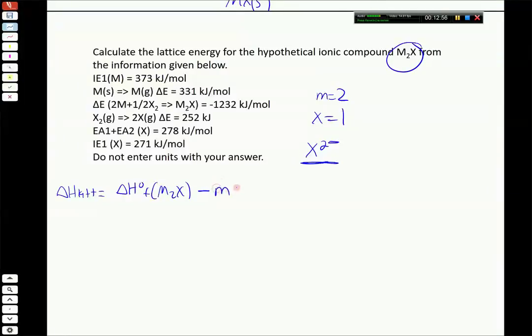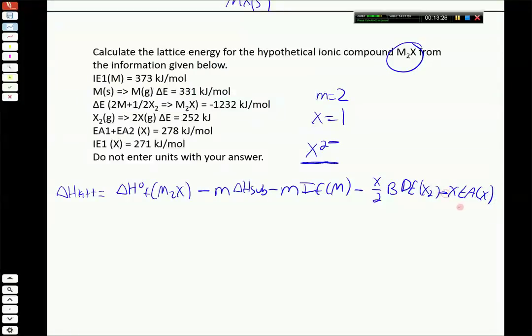So M times the sublimation enthalpy minus M times the ionization energy for the metal. And then we're going to subtract 2 terms associated with the nonmetal. It's going to be X over 2 times the bond dissociation enthalpy of X2, and then minus X times the electron affinity of whatever the nonmetal is, X.